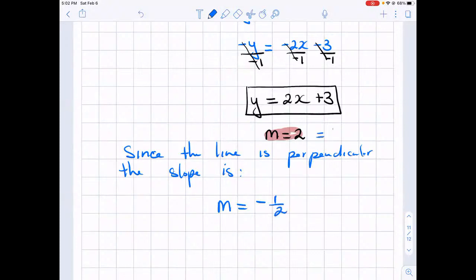Remember, this is the same as 2 over 1. So you flip it, and perpendicular lines always have opposite sign, right? It's the negative reciprocal.